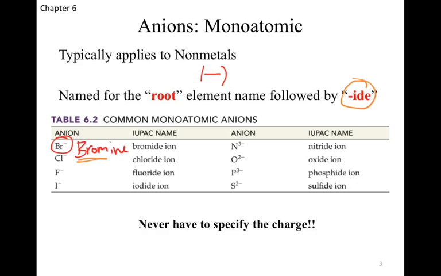What happens in the case of iodine? Well, in the case of iodine, we look again at our root. Our root is iod, now follow with our ending, the -ide, to make it iodide.